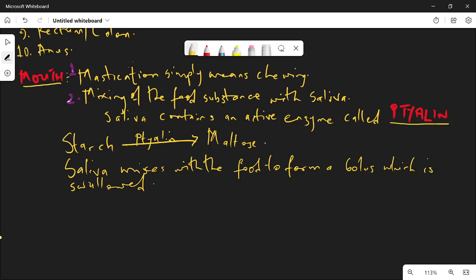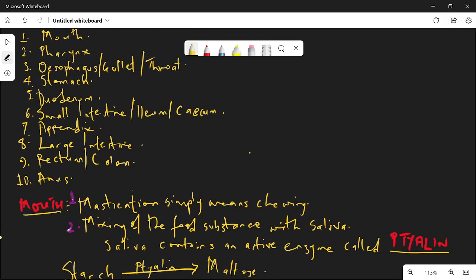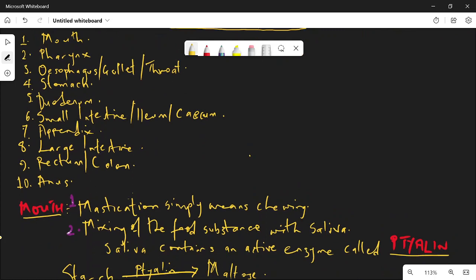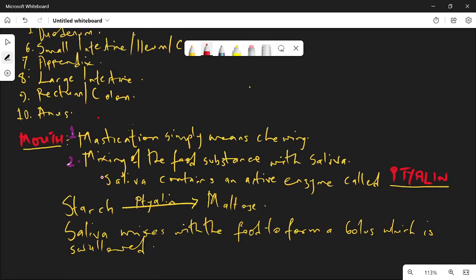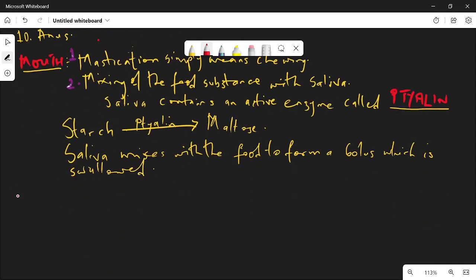So after the mouth, the number 2 organ that we have there is the pharynx. What happens in the pharynx? Number 2, pharynx.